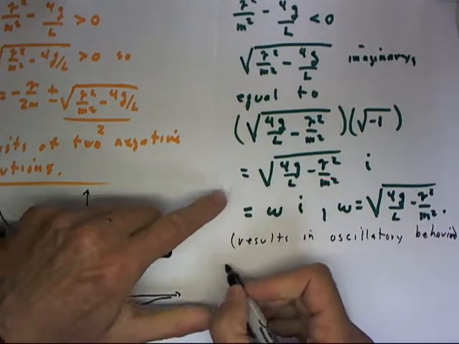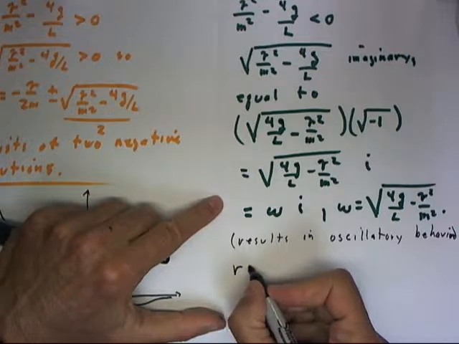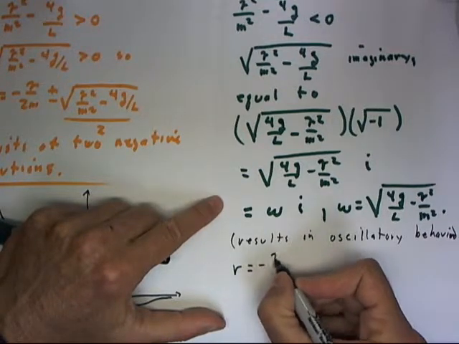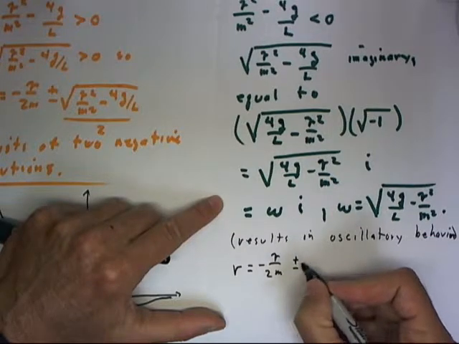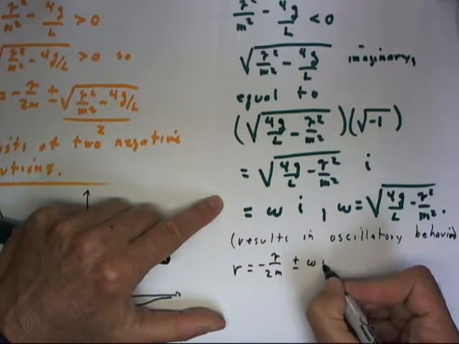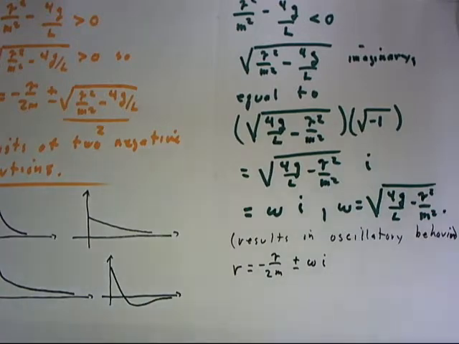Our solution for r is going to be r equals negative gamma over 2m, plus or minus omega times i.